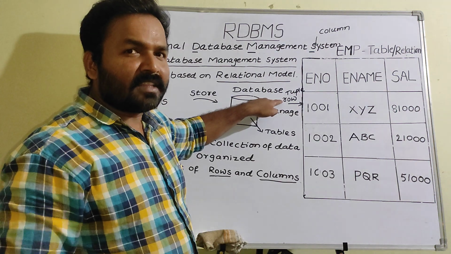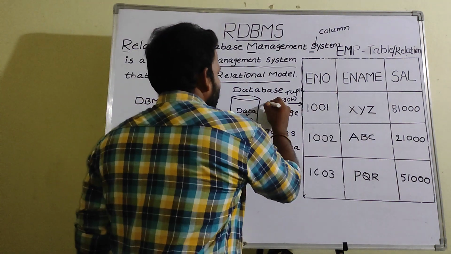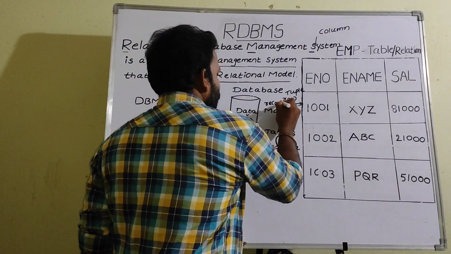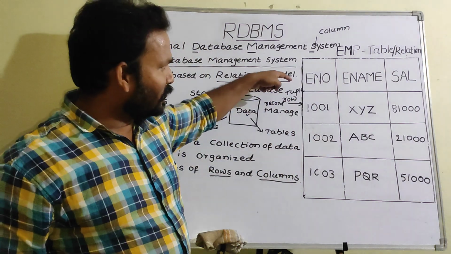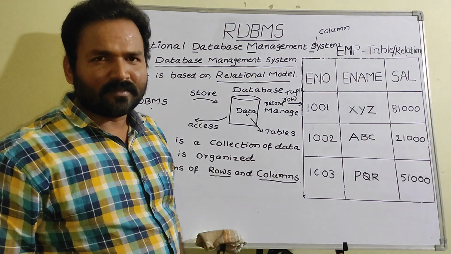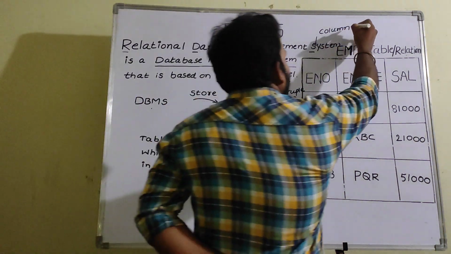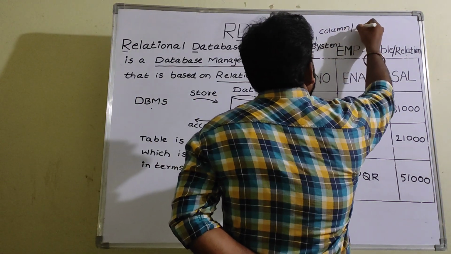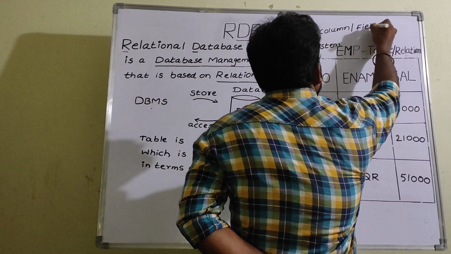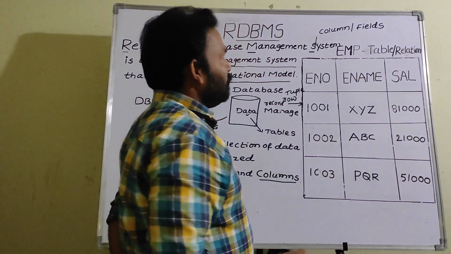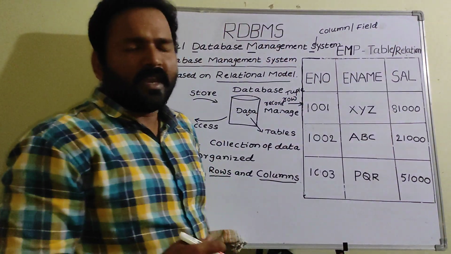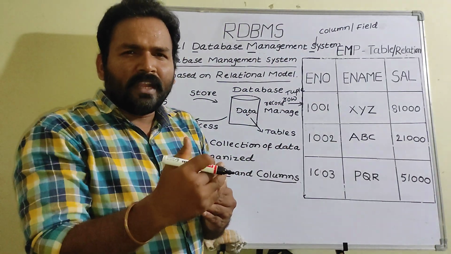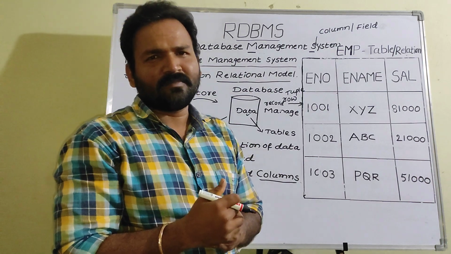Rows are the records. Okay? Row or tuple or record. Next, columns are the fields. Okay? Column, field or attributes.